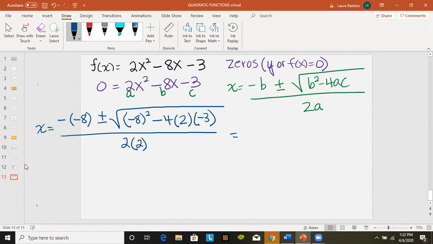I'm going to do the math. The opposite of negative 8 is 8 plus or minus the square root.